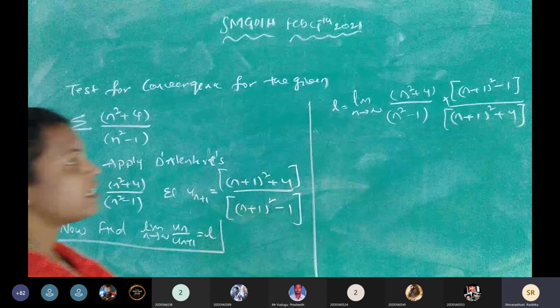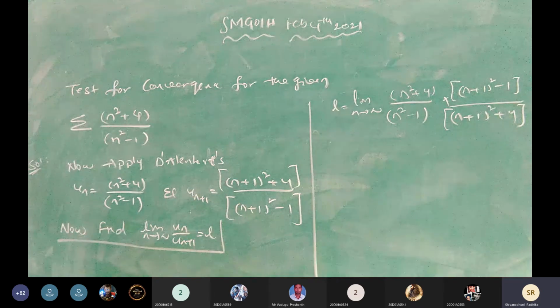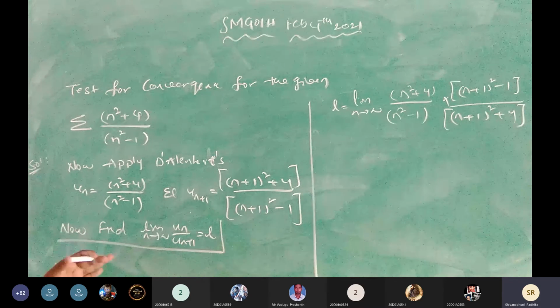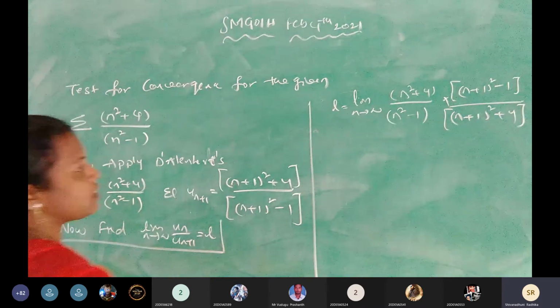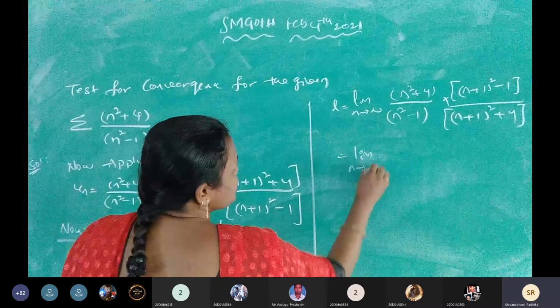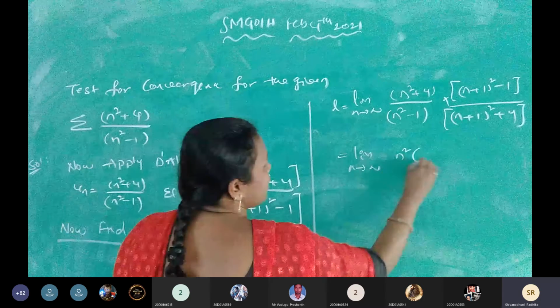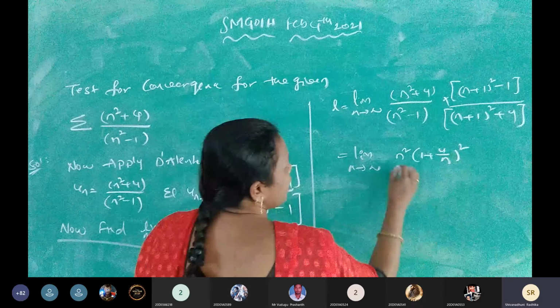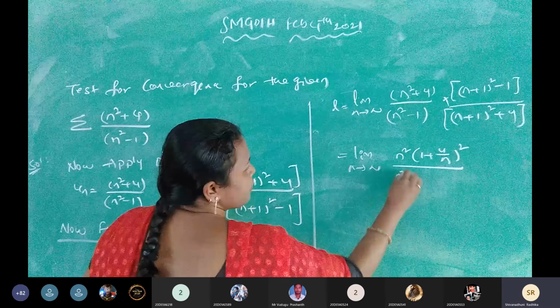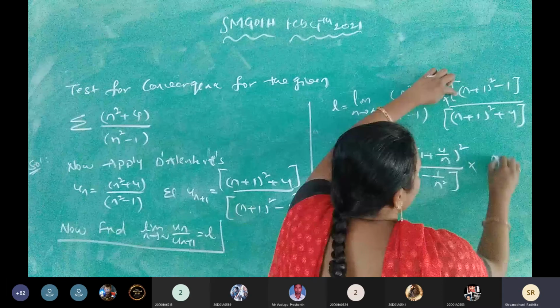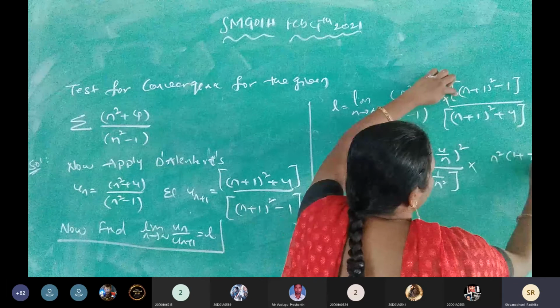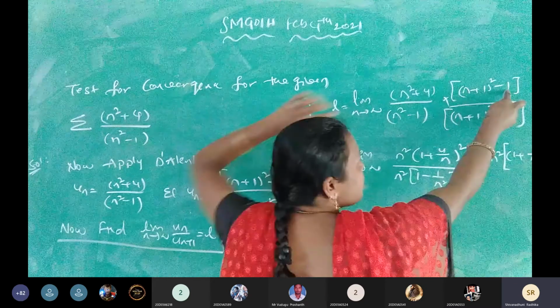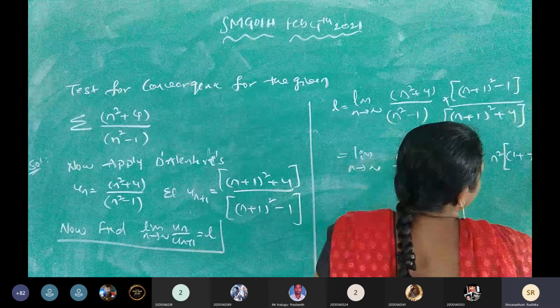The highest power of n is n square, so we take n square common outside. In the numerator, n square into 1 plus 4 by n square, and in the denominator n square common, 1 minus 1 by n square. In (n plus 1) whole square, n square is common: 1 plus 1 by n whole square. The second term also has n square common. Any doubts?